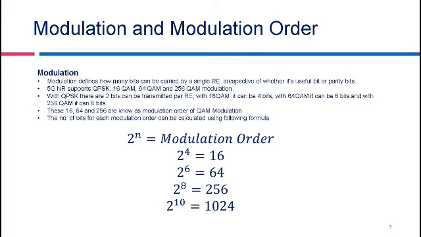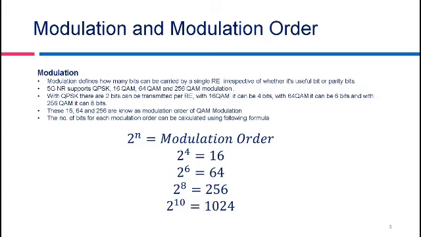The number of bits for each modulation order can be calculated using the shown formula: 2 raised to power n equals the modulation order. So 2 raised to power 4 equals 16.